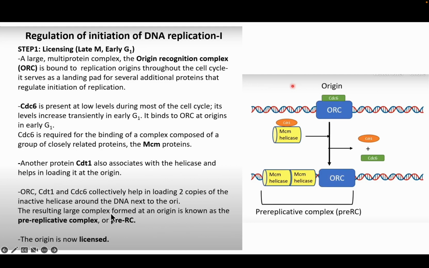The resulting large complex formed at an origin is known as the pre-replicative complex, or pre-RC. After this process, the origin is licensed. The pre-replicative complex consists of ORC and the MCM helicase in two copies.